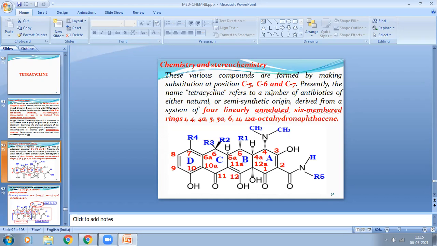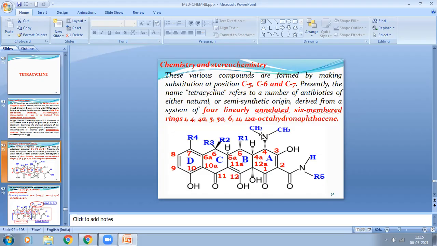Now presently the name tetracycline refers to a number of antibiotics of either natural or semi-synthetic origin derived from the ring system. Whatever tetracycline is obtained, it is either semi-synthetic or natural.